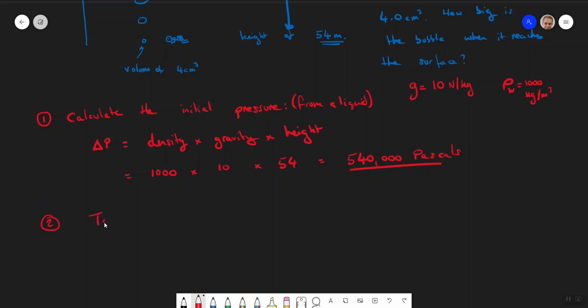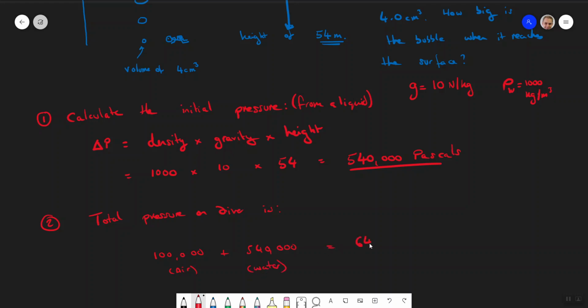So the total pressure on the diver is 100,000 from the air plus 540,000 from the water.